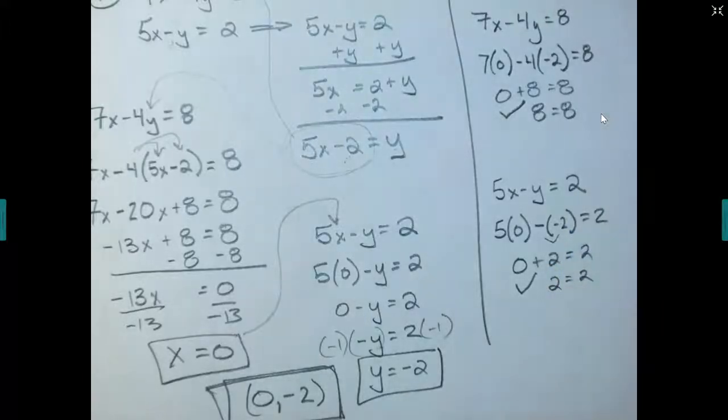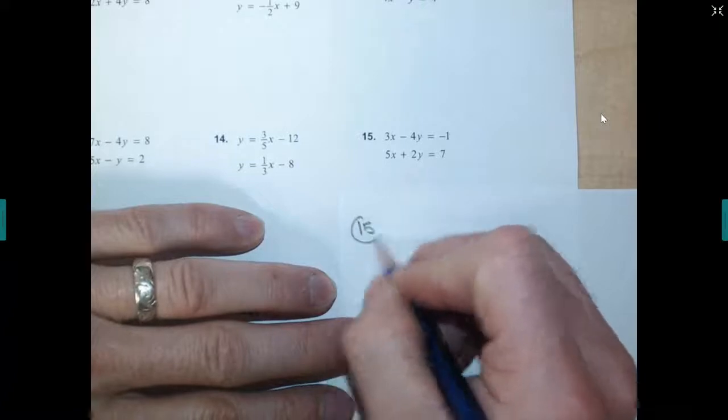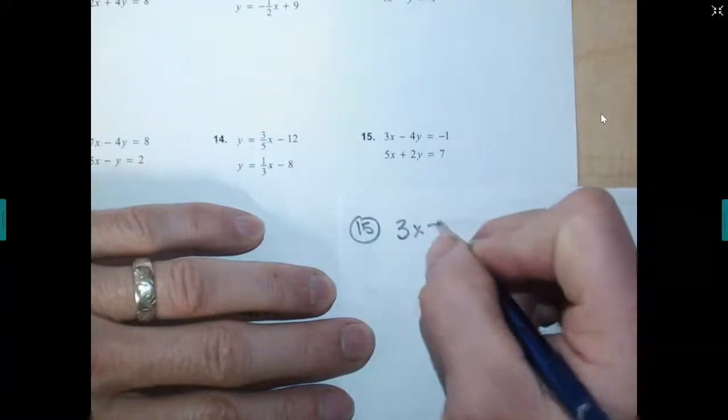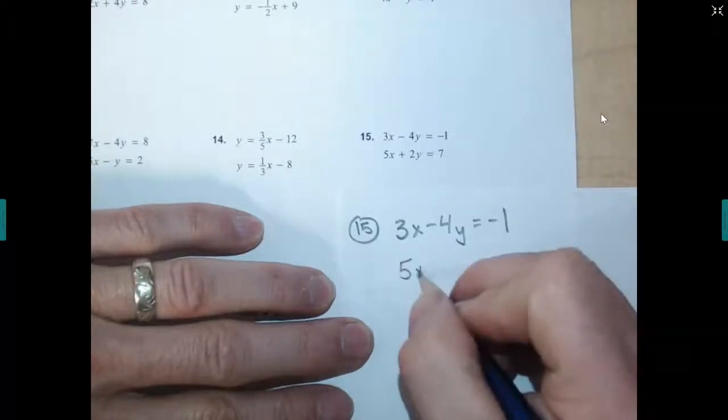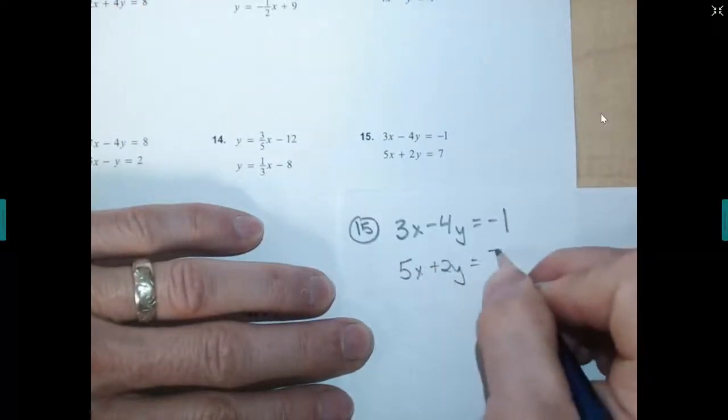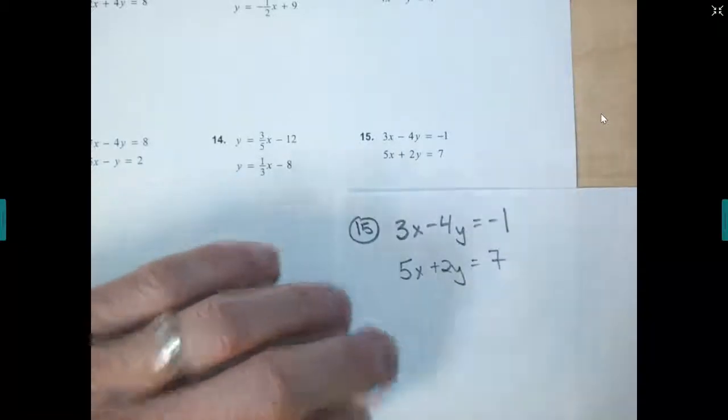All right. Number 15. We have 3x minus 4y equals negative 1, 5x plus 2y equals 7. Okay. Sweet.